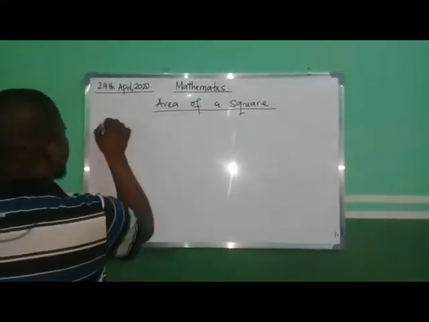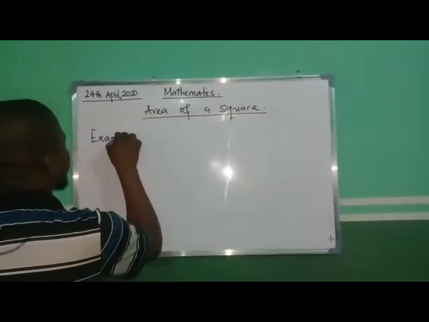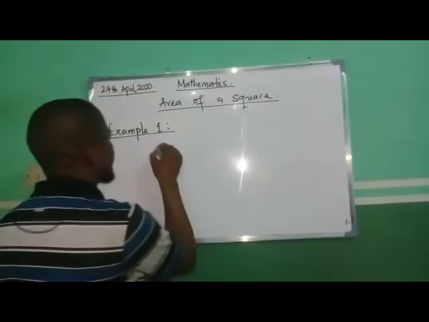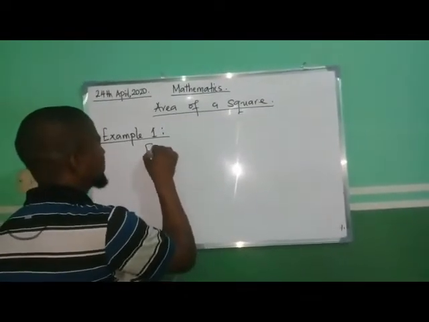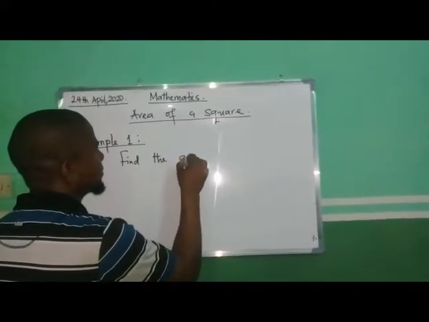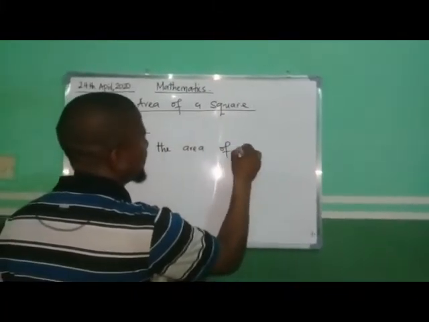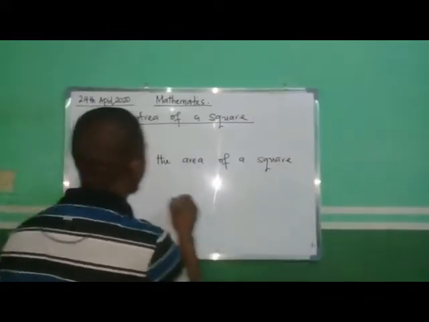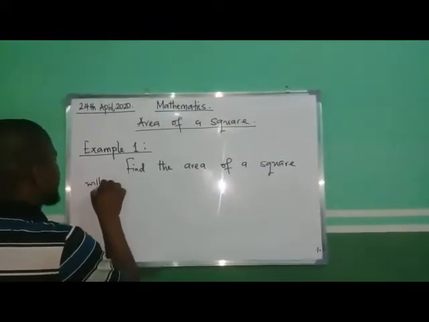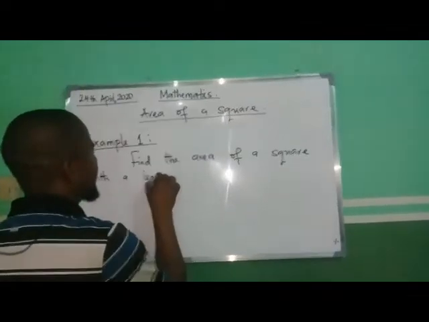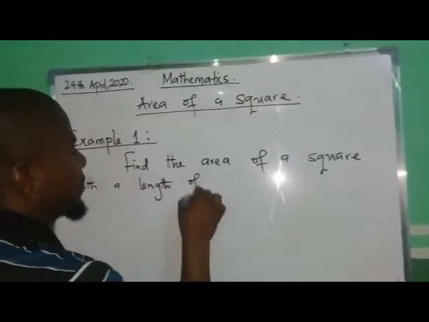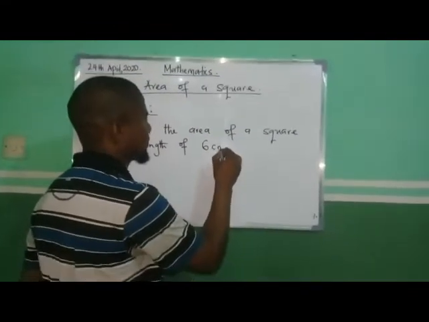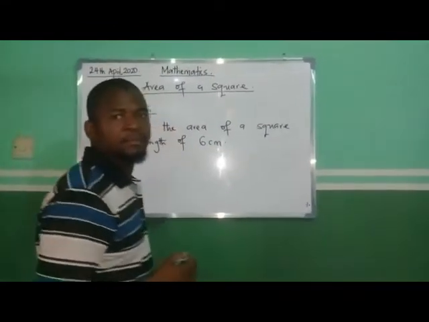Example 1. Find the area of a square with a length of 6 centimeters.